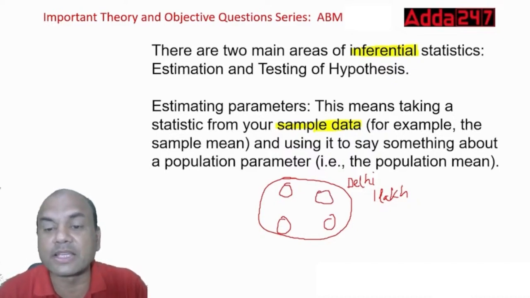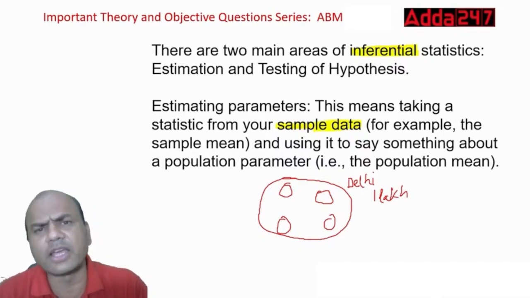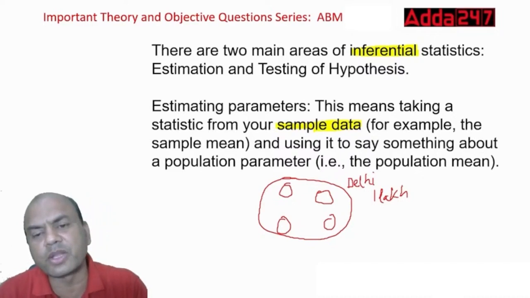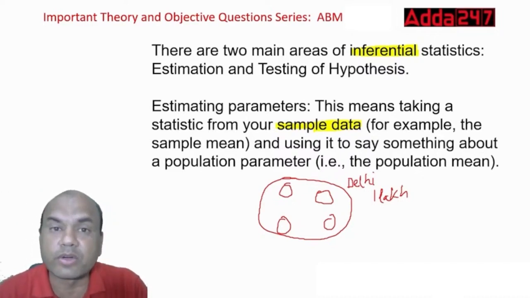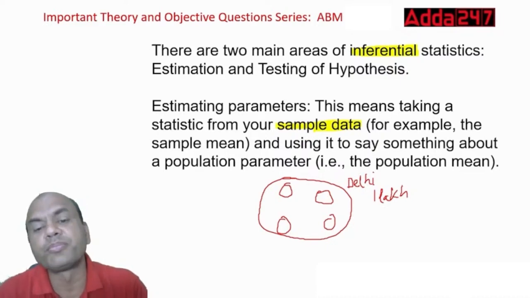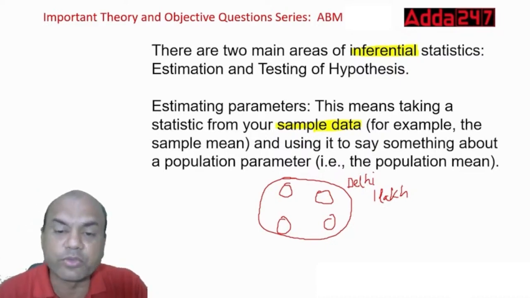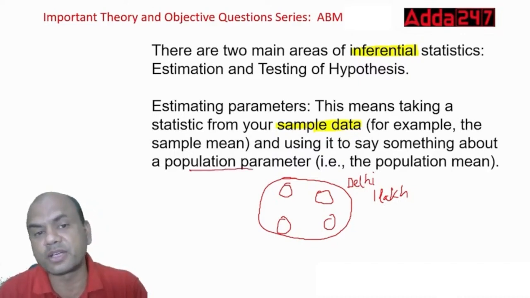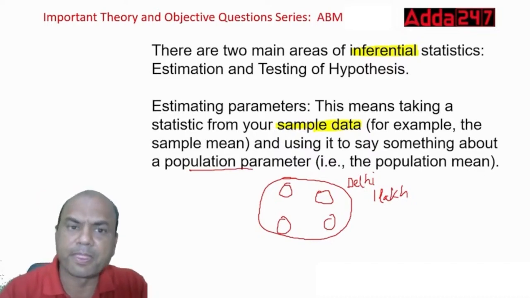Suppose I require the average salary of Delhi. Is it possible for me to take it from the entire population, go to every house and check what is the salary? Not possible. So I'll take samples from, let's say, 4 corners. There can be more corners also. Find out the salaries and then use it to say something about the population, so apply it to the entire Delhi. That's what estimation is.